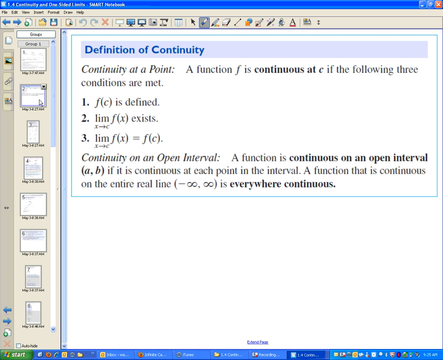So, to make it continuous, the limit does equal the value of the function. They both exist, and they're equal to each other. f of c exists, the limit exists, they're equal to each other. All three conditions must be met, and when they are, we say that the function is continuous at x equals c.